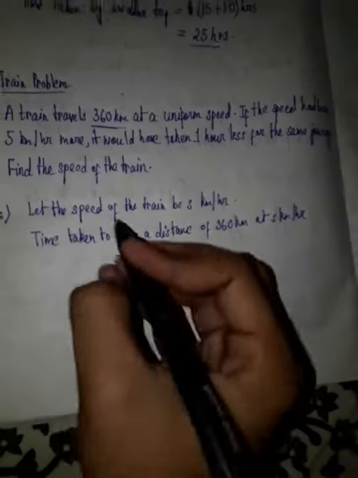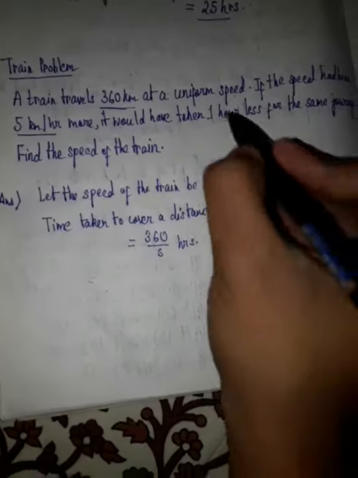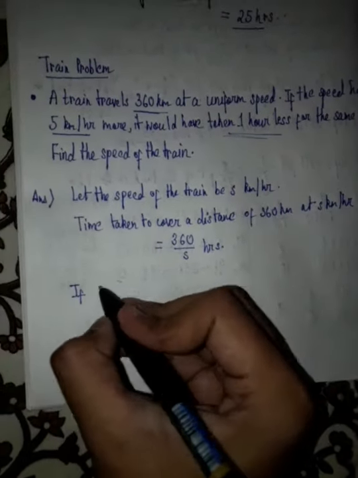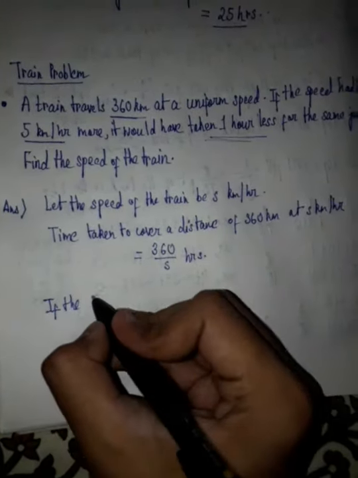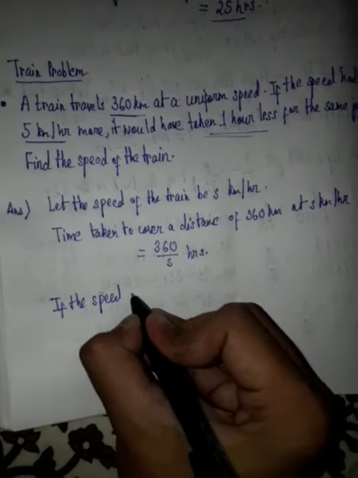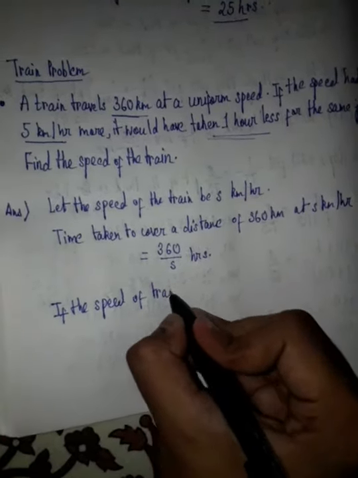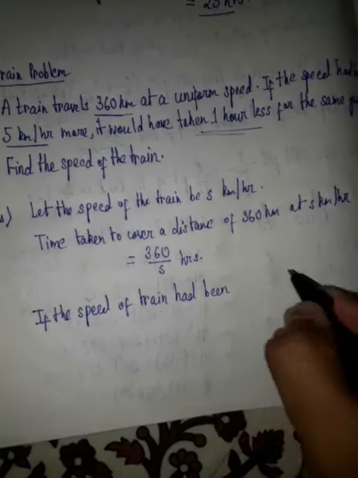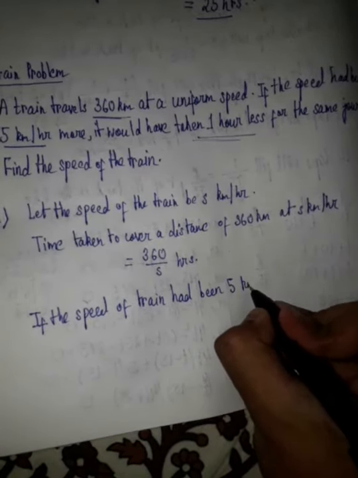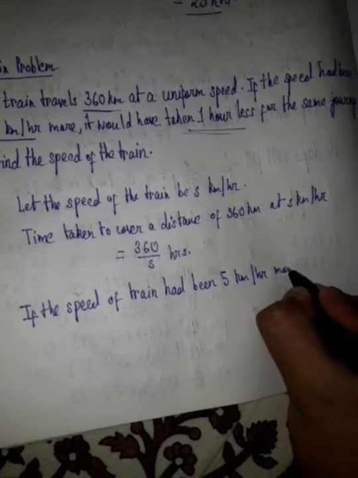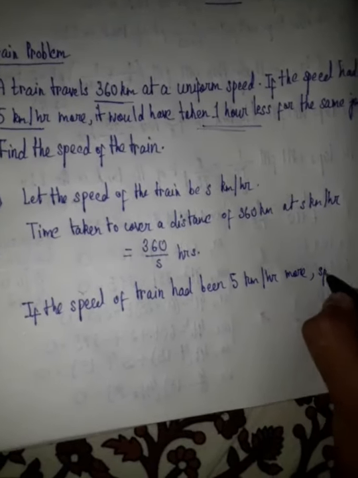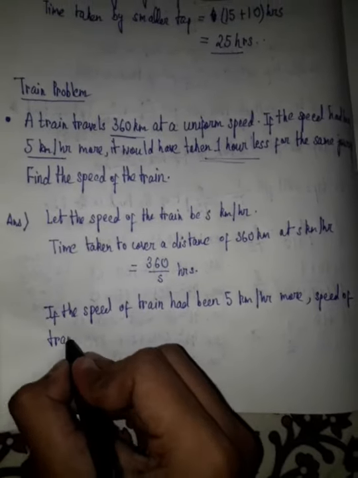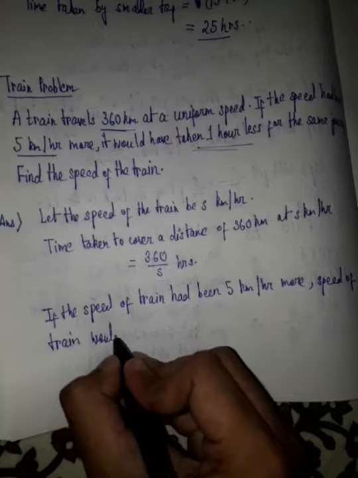According to the question, if the speed was 5 kilometers per hour more, it would have taken 1 hour less. So let's now take it. If the speed of the train had been 5 kilometers per hour more, the speed of the train would be how much?